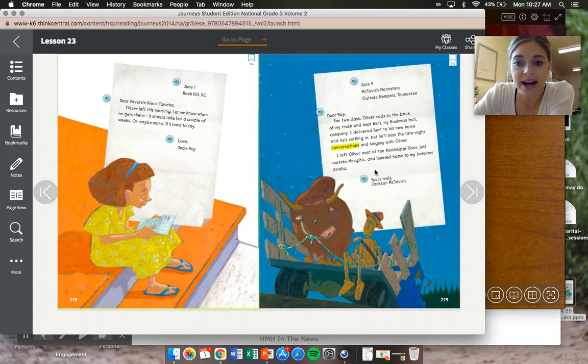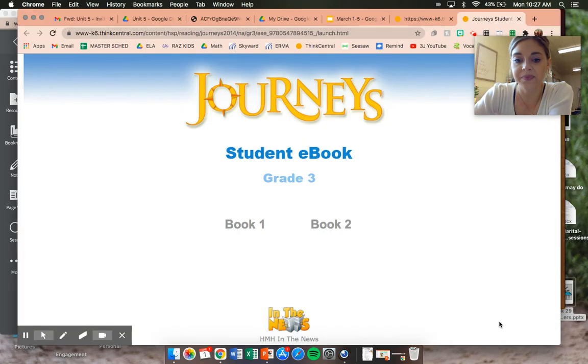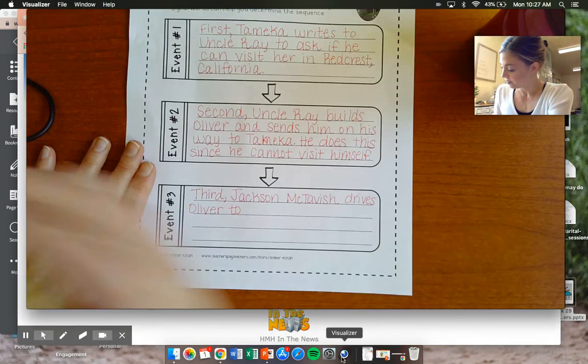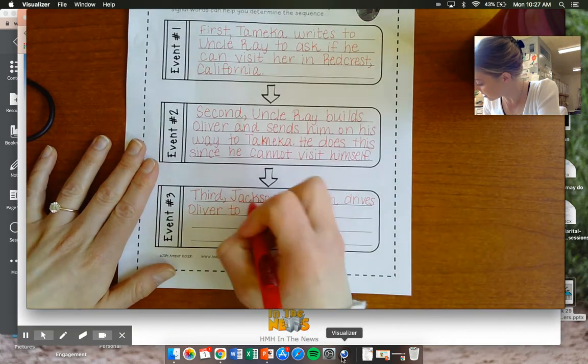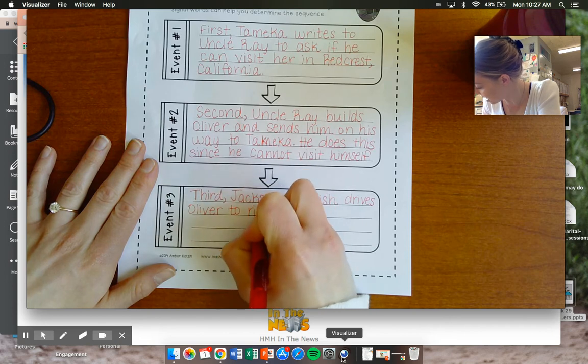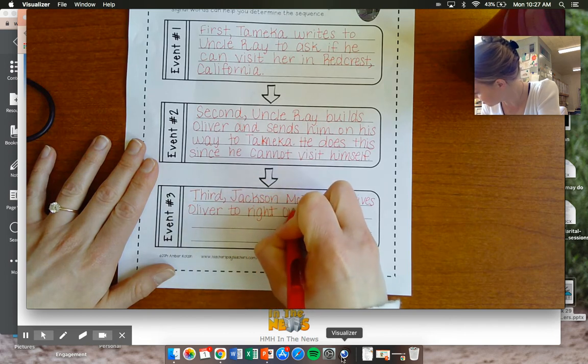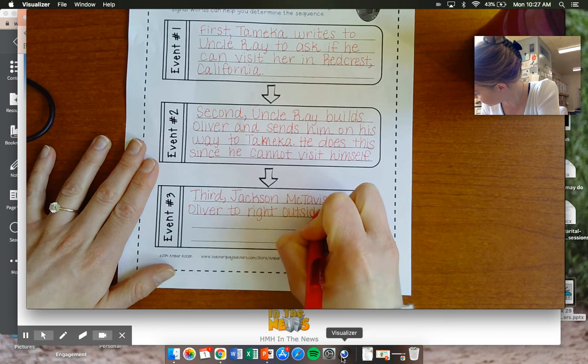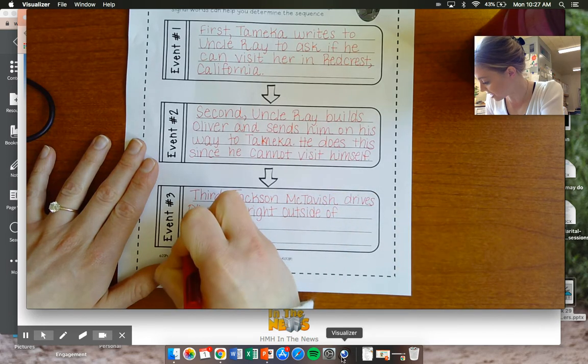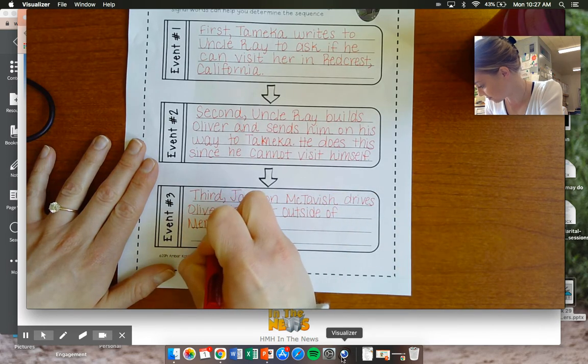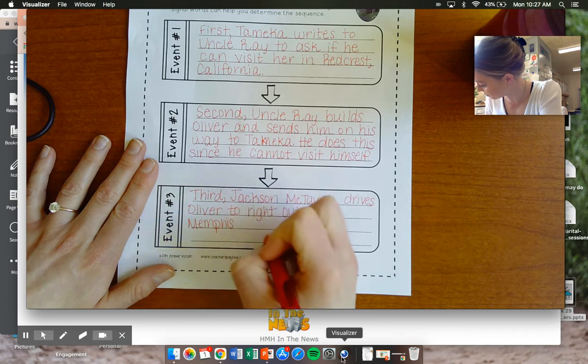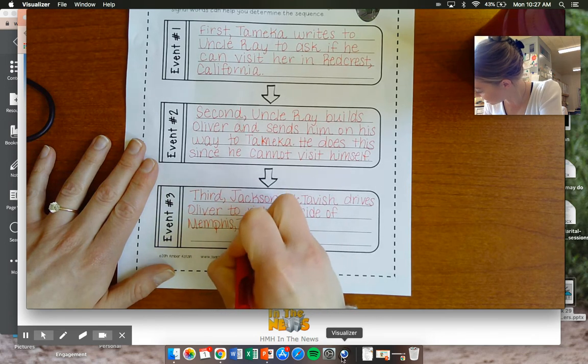So he drives Oliver east of the Mississippi River, and he leaves him outside Memphis, Tennessee. So he drives Oliver to right outside of Memphis, Tennessee.